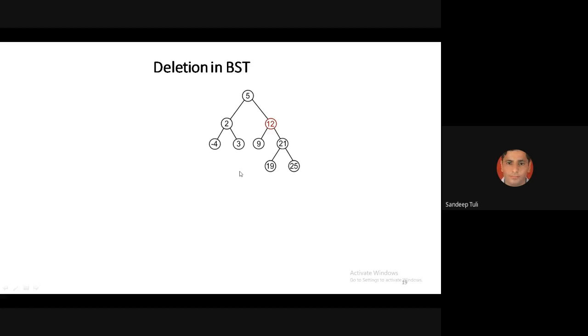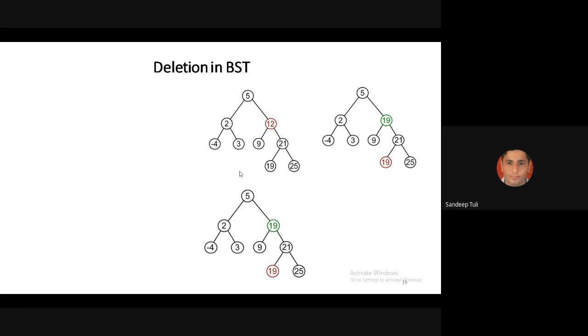Now we will replace the value of the node that is to be deleted with the in-order successor. So 12 को हमने किससे replace किया? 19 से. Okay. Now 12 has been replaced. Now 19 node can be deleted. 19 node can be deleted by which case? Tell me.